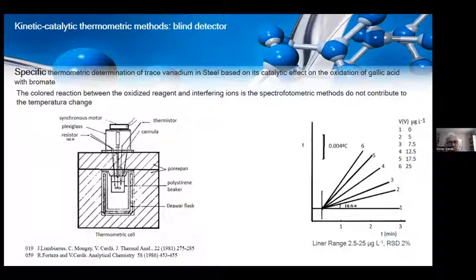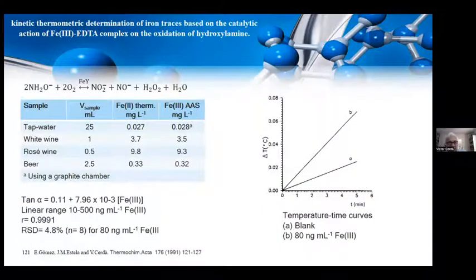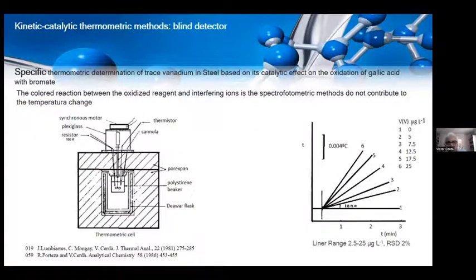We have a thermistor connected to the Wheatstone bridge, and here we can manually or using a flow system introduce the catalyst, the sample, in fact. It could be, for example, arsenic plus cerium to make the measurements. In this case, we have used gallic acid and bromate inside the beaker, and when we add the vanadium, we have different slopes.